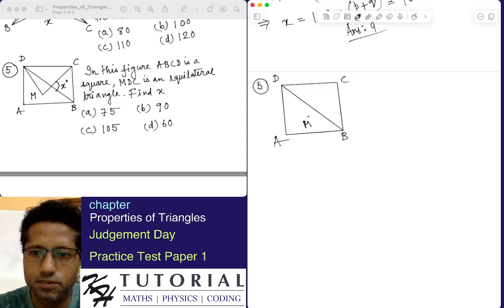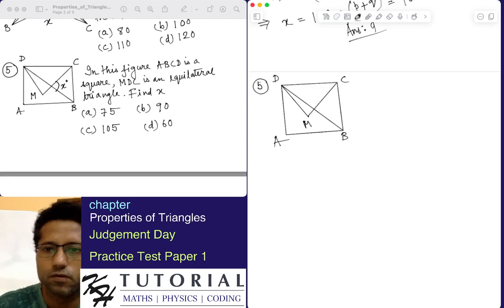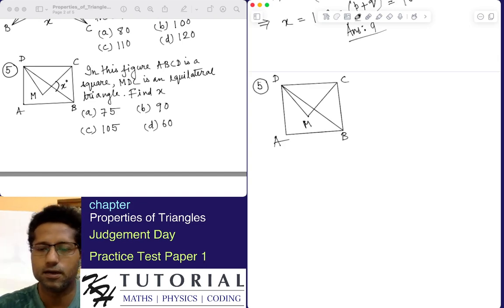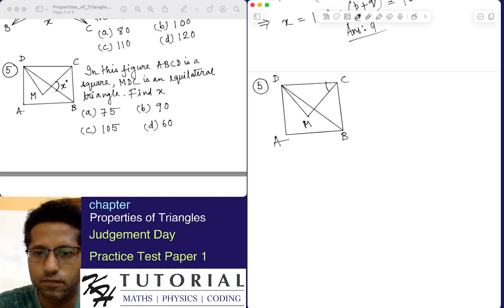It is saying MDC is an equilateral triangle. If this is so, in an equilateral triangle we know all the angles are equal, and each angle is equal to 60 degree. So we will have this as 60 degree. Also this is 60 degree.